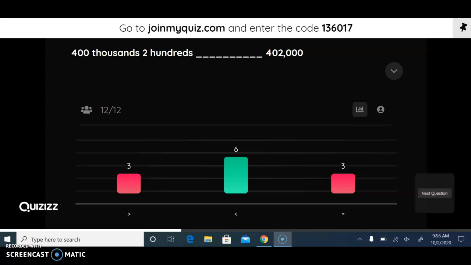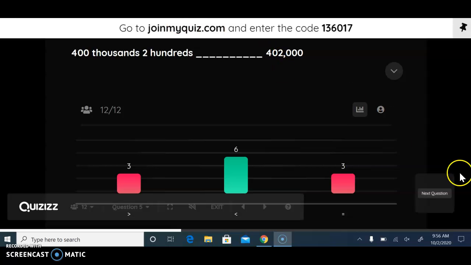It's less than 402,000, and tell us why. Very good. In the number on the left, you have 200s, and on the number to the right, you have 2,000s. So the correct answer was less than.